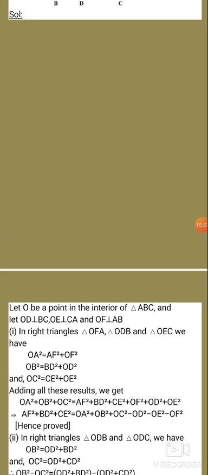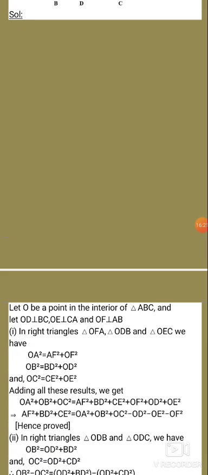Then OB square is equal to BD square plus OD square. And OC square is equal to CE square plus OE square. Then you need to add all that. That is OA square plus OB square plus OC square is equal to AF square plus OF square plus BD square plus OD square plus CE square plus OE square. So implies what?